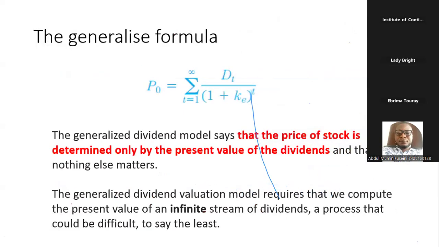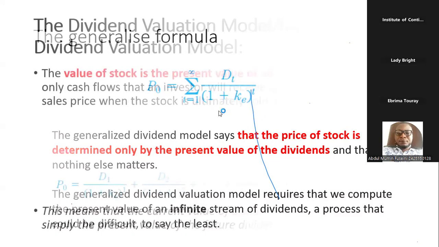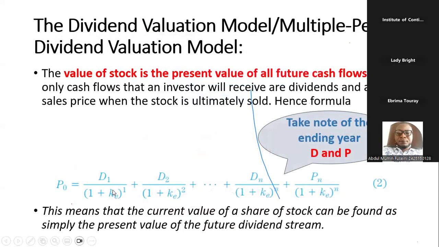So the generalized formula is a discounting of all its dividends over an infinite period. You are just discounting dividends, because the stock never gets to mature. So this is when you are dealing with multiple periods.